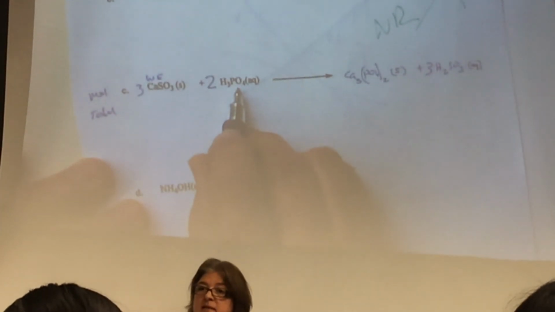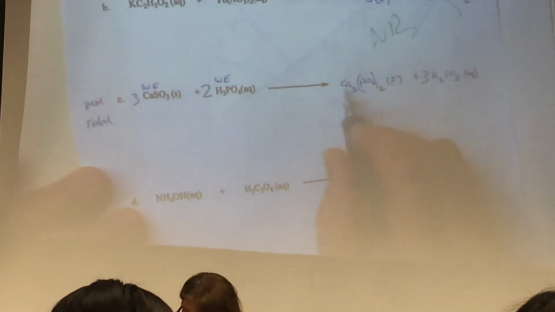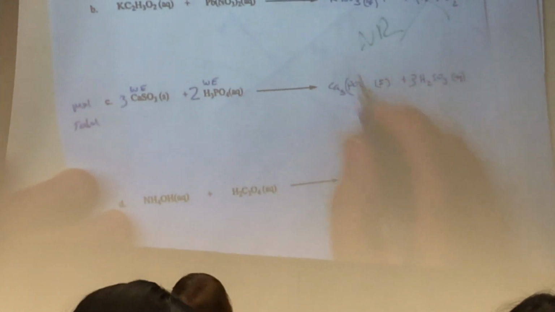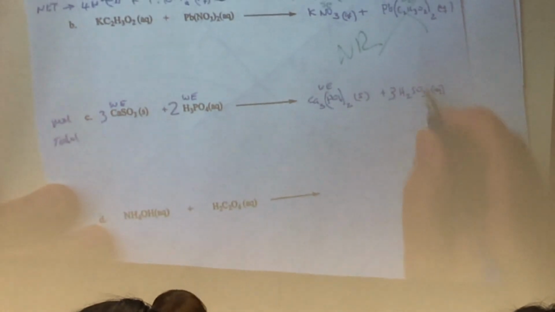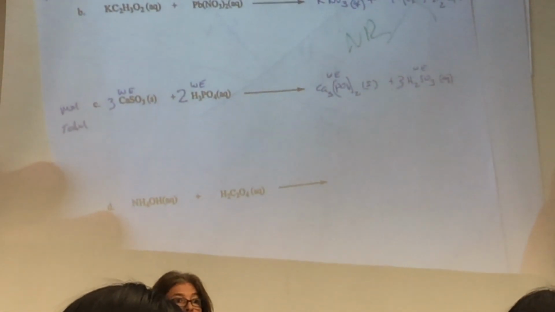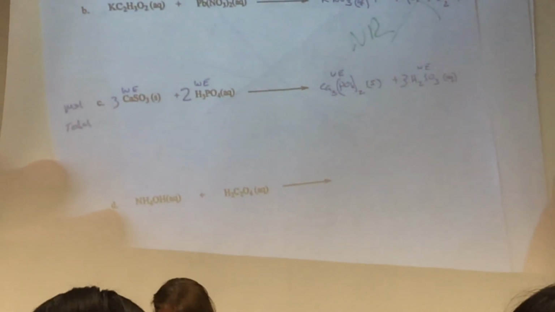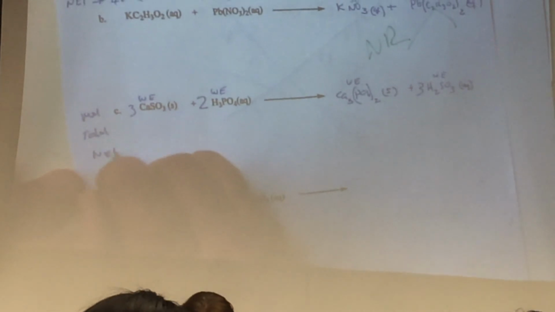The list. Is that on the list of strong acids? Therefore, it's a weak electrolyte. Strong electrolyte, weak electrolyte? It's an insoluble salt. Weak. Do I break anything? No. There you go. That's the net ionic equation.